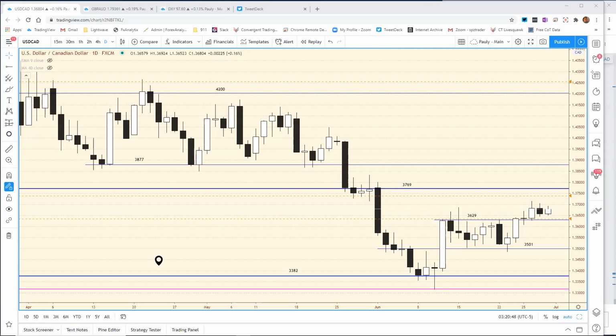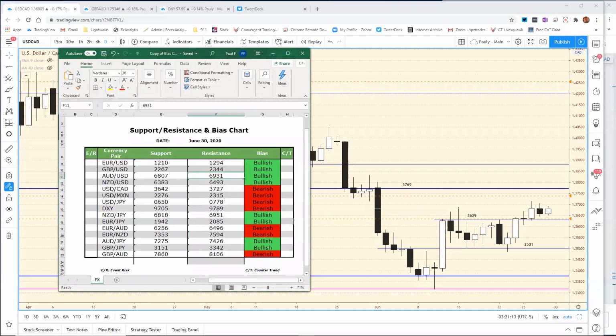Okay, so it says the dollar CAD tagged the 37 level on Monday, unable to generate further upside. Resistance remains 37.27 with support at 36.42. Just to recap, the dollar CAD did tag the 37 level on Monday but was unable to generate further upside. Resistance will remain 37.27 with support at 36.42. So we'll see what we can do with that.